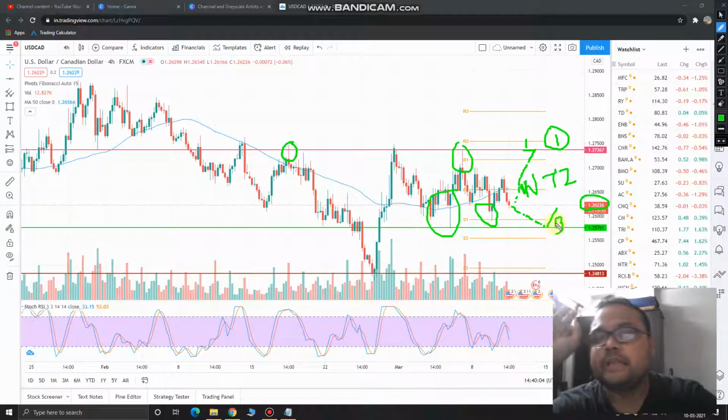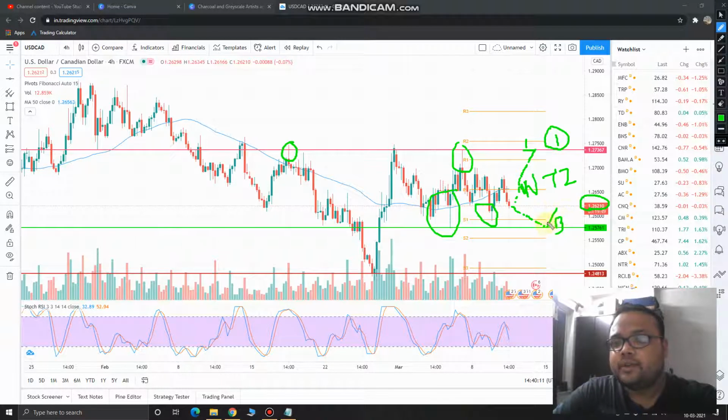The price should get the support of volume, that is very important. So you can buy in case there is a reversal.